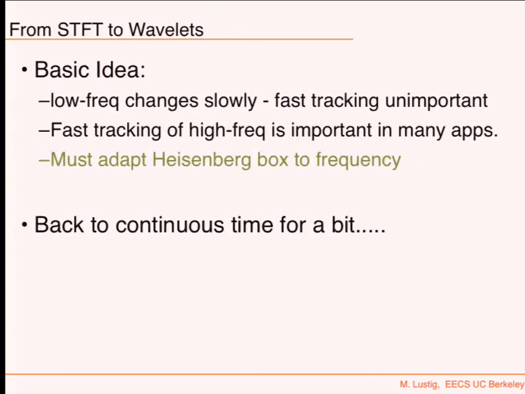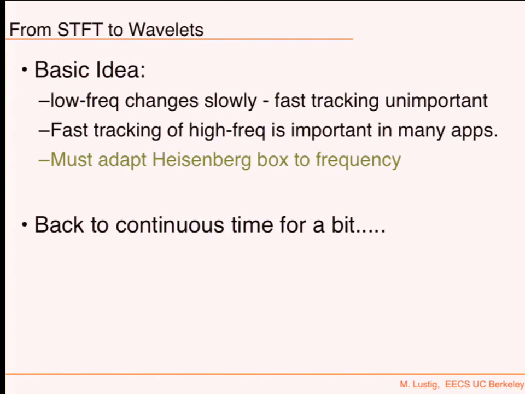And the basic idea that leads into a type of wavelet or multi-scale decomposition is that if you look at low frequency components in naturally occurring signals, they tend to be slowly changing. If some phenomenon produces something with low frequencies, it doesn't change abruptly from one low frequency to another.